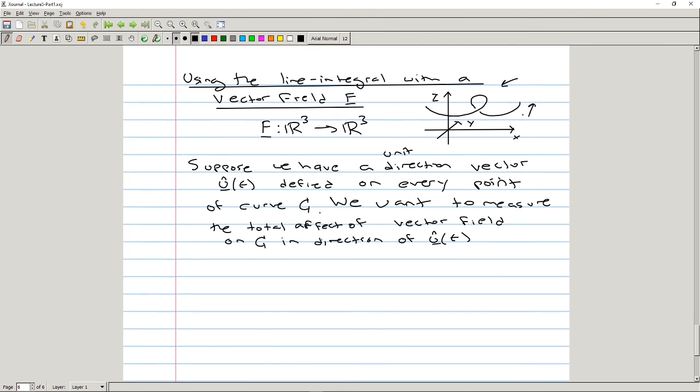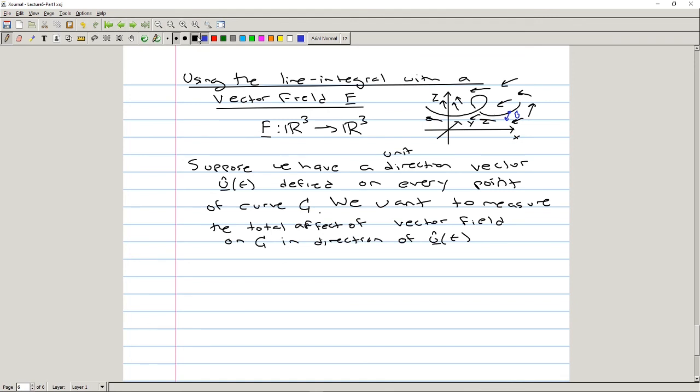It could be a fluid flow field, it could be an electromagnetic field, it could be a number of different vector fields. But what we're saying is that we have some direction vector u hat.